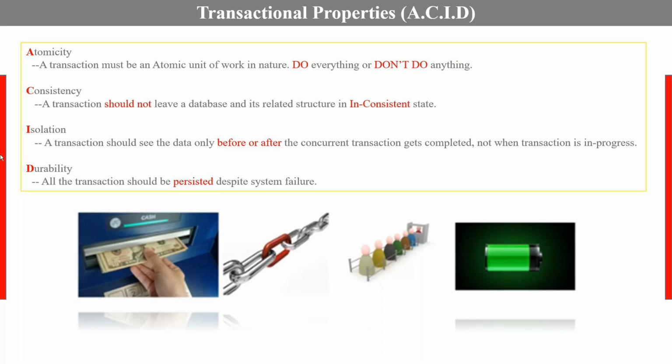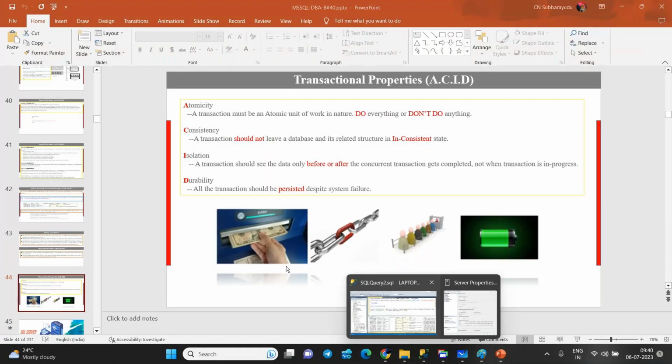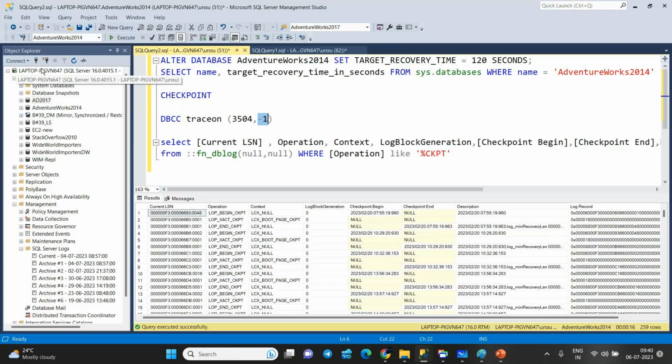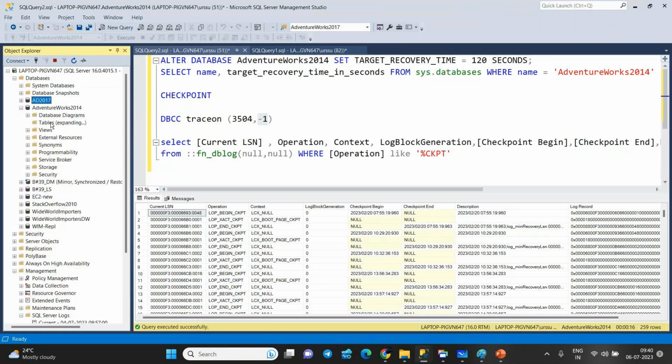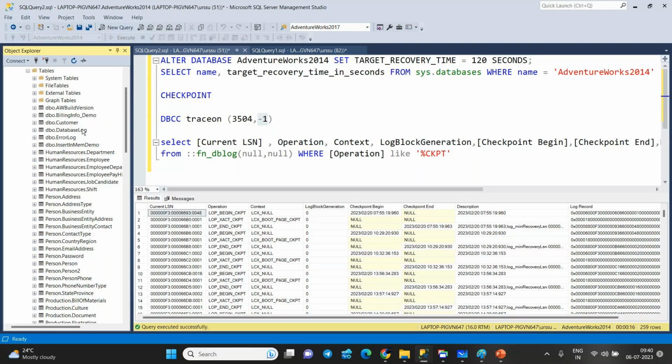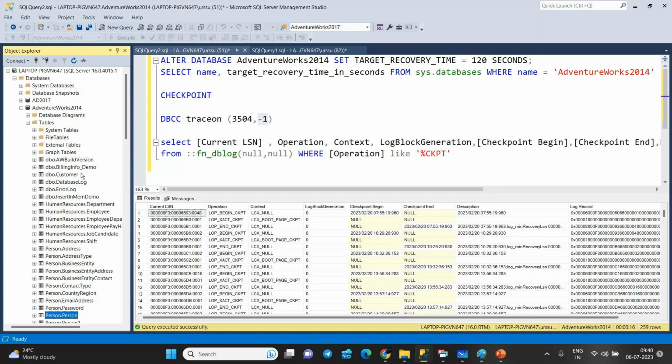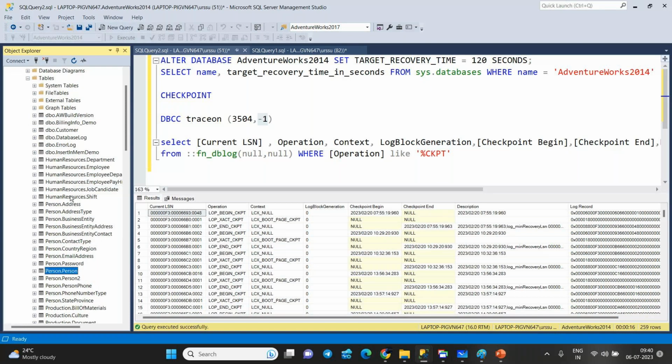For example, this is my database and these are the tables. One user is calling the customer table, another is calling the address table, another is calling the person database. Multiple users can access this database and perform multiple transactions. Every transaction is independent. Isolation level means every transaction is independent.